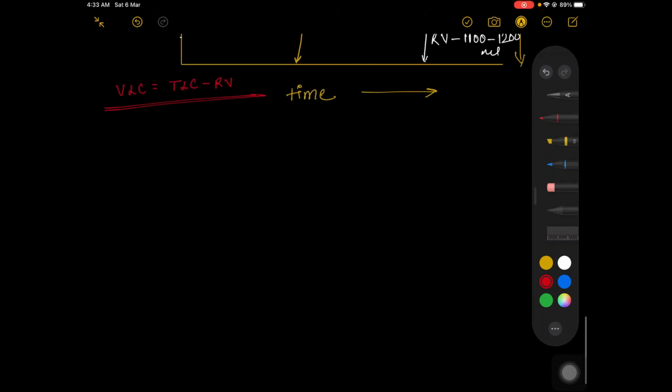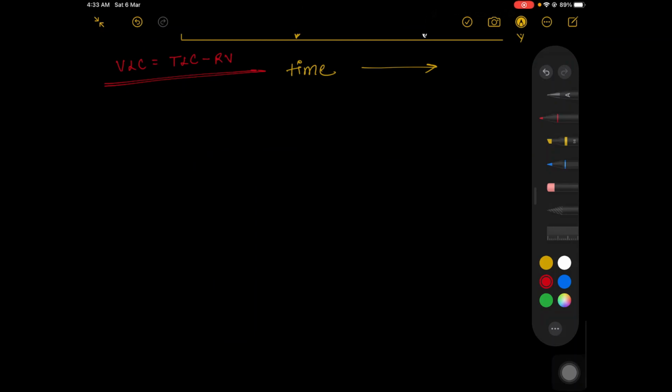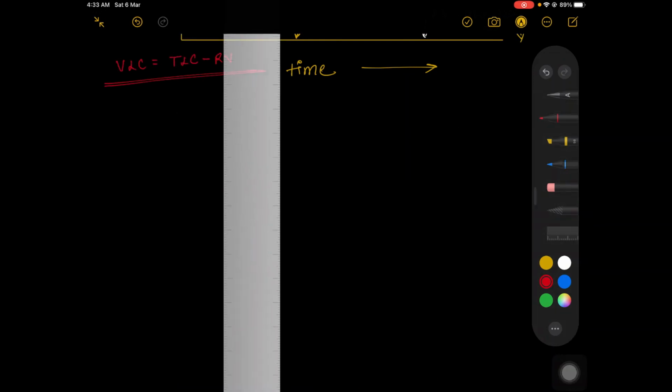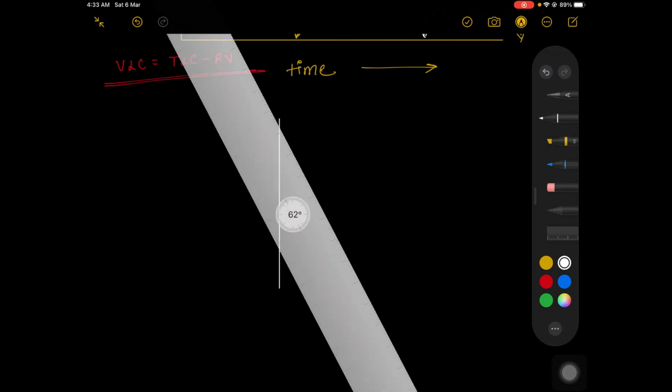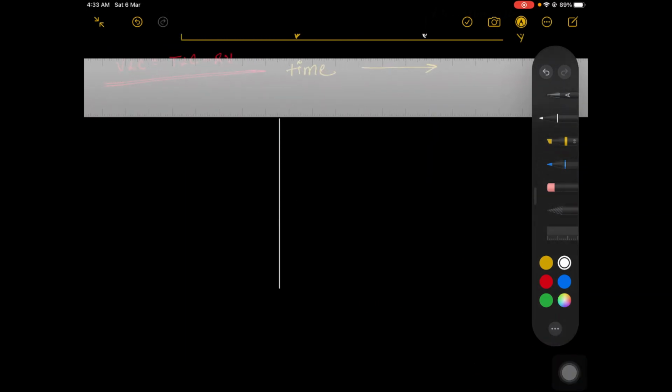Now let us summarize and understand the volumes and capacities in an easy manner. Suppose this is a container.